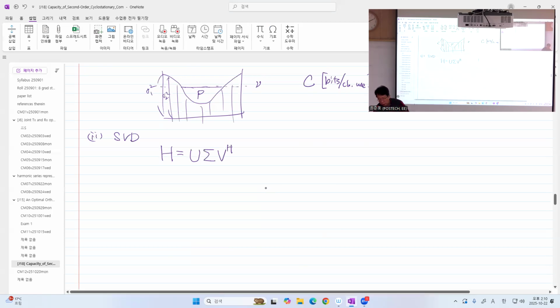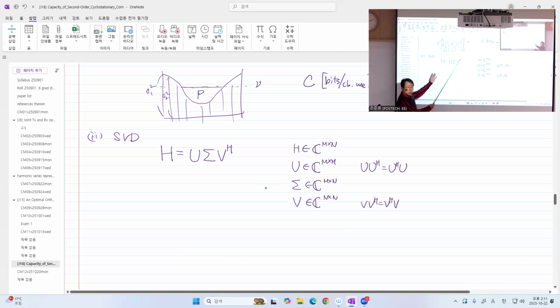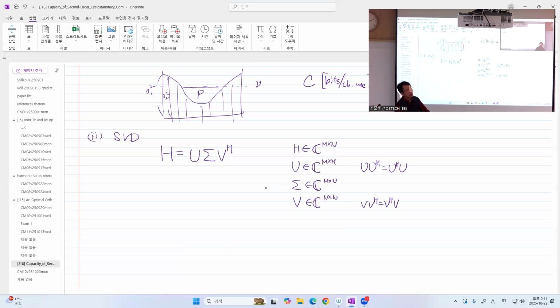First, H is assumed to be a complex m by n matrix, then U is complex m by m, sigma has the same size as H, and V is n by n, and especially U and V are unitary matrices. Actually, we intentionally restrict this when we find the decomposition, because such a decomposition could be infinitely many. What we do is enforce the first factor and last factor to be unitary matrices.